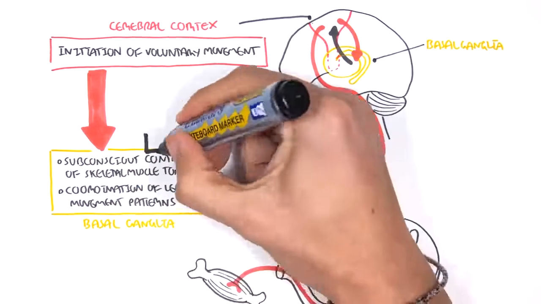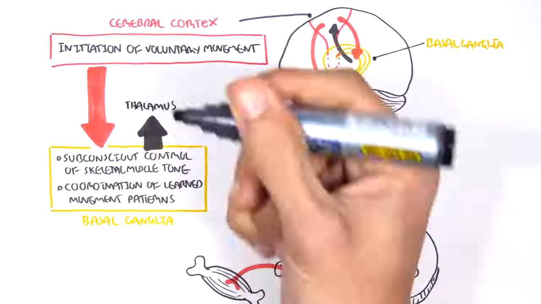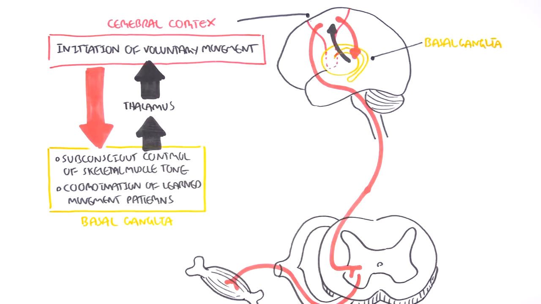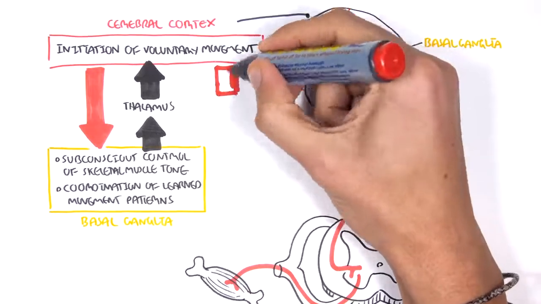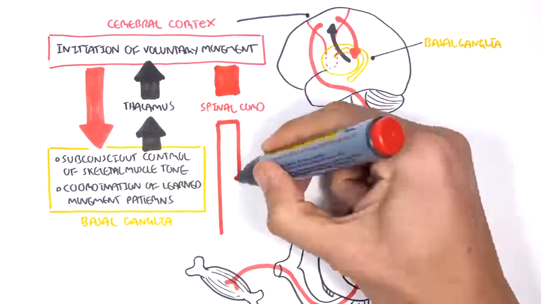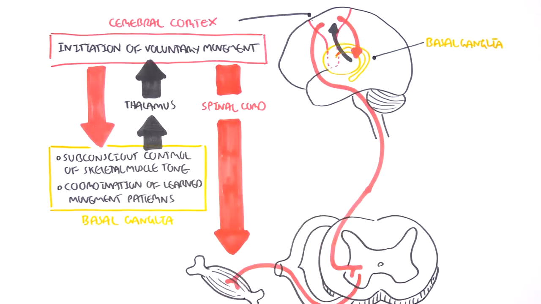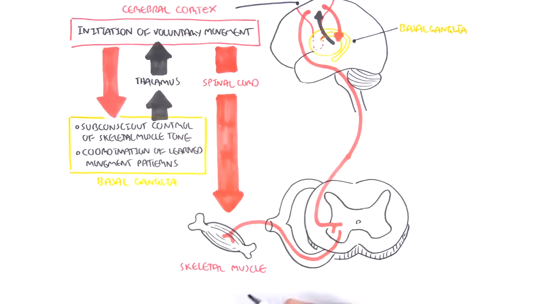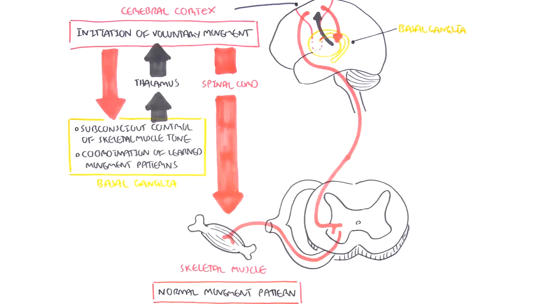This information will then be sent back to the cerebral cortex through a loop. It will be sent to the thalamus first, and then the thalamus will send this info to the cerebral cortex. The cerebral cortex will then send the smooth, controlled movement signals down the spinal cord to the skeletal muscle. And thus we have a normal movement pattern.